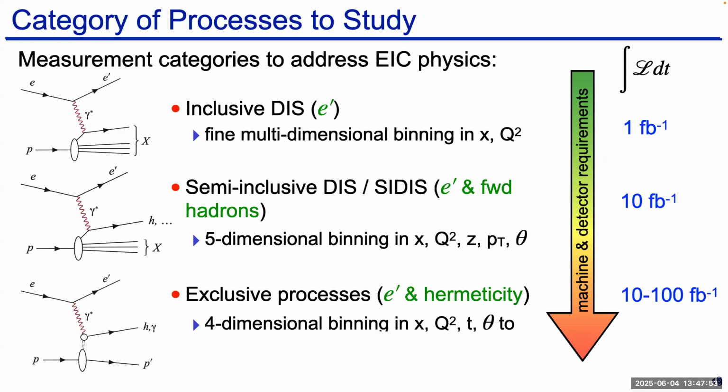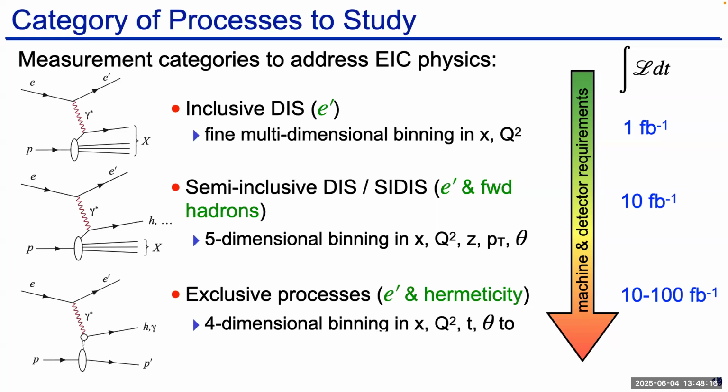And the cross-section, of course. So here you want to bin as fine as possible in X and Q squared. For semi-inclusive DIS, whatever you do in DIS, you need a scattered electron. If you don't have X or Q squared, it's a useless event. You can throw it away. Okay, so that is key, that you always have to have.